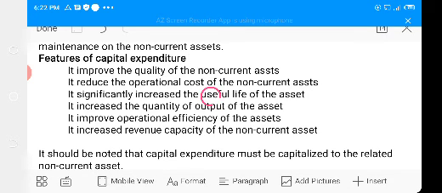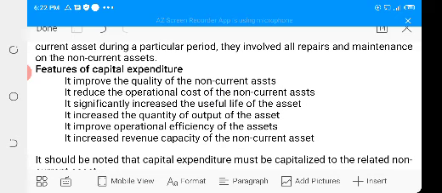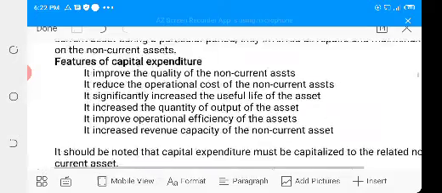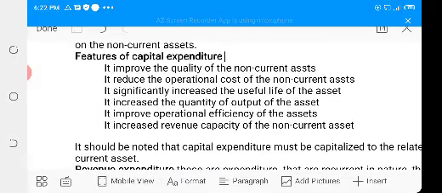We have 1, 2, 3, 4, 5, 6, 7. So we have 7 features of capital expenditure.